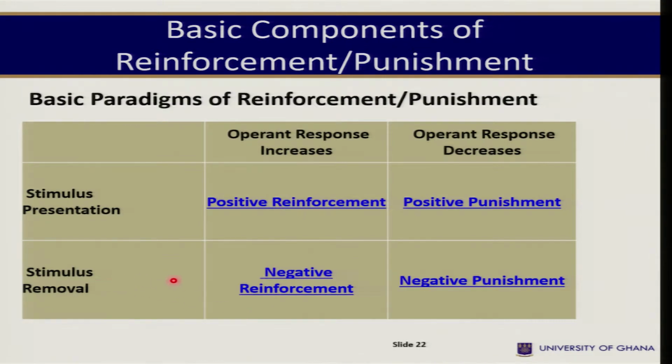As we mentioned in the case of a footballer who had a headache, and having the headache taken care of, removing that stimulus so that the football playing behavior will increase. So that's negative reinforcement. With punishment, positive punishment is presentation of a stimulus, like we mentioned, with the goal of decreasing operant response.